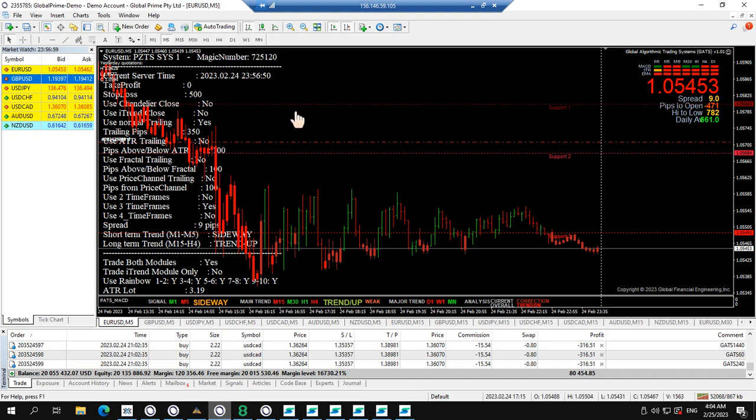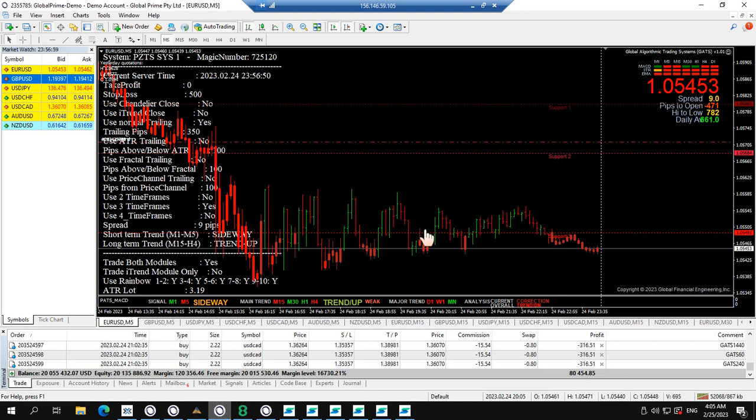In that sense, we would have 7 instruments on M5, see we have it here 1, 2, 3, 4, 5, 6, 7. Now, the fact that we are using 6 subsystems means that at any point in time we could have a maximum of 42 open positions.